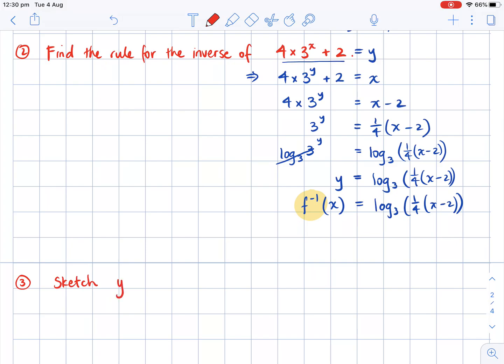We won't use y, we'll use the function notation. Let's sketch f of x equals log 2 x minus 4, and we need to state the domain and range.